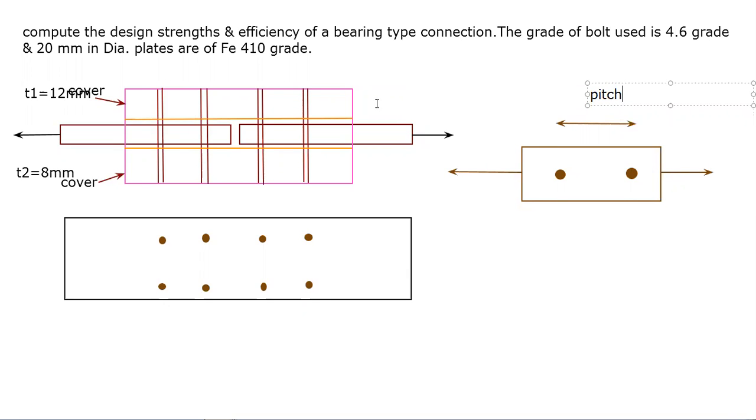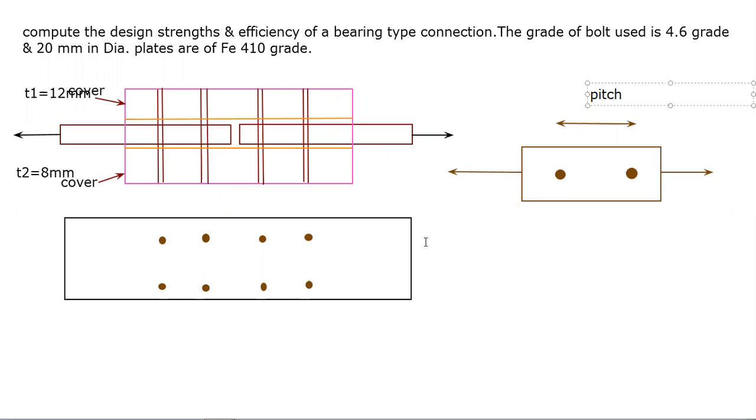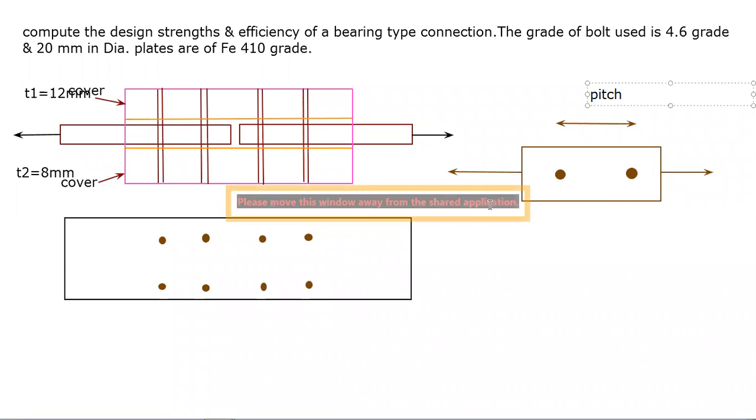After that, this pitch is there. This is your end distance and this is your edge distance. Okay. Now what is the difference between the end distance and edge distance?